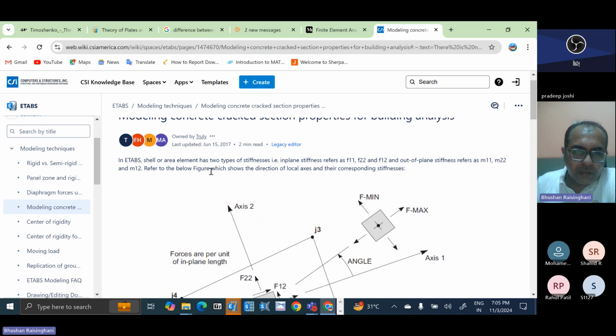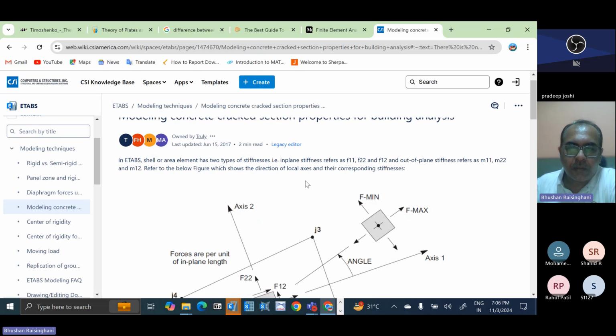So refer to the below figure which shows the direction of local axis. If you have read it clearly, you will know that this is the local axis only. This is not a global axis. So element wise, this is the local axis. You have to find the local axis of the particular slab, and you have to assign the values that are particular to those directions.